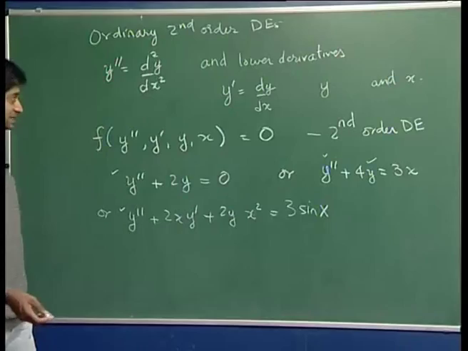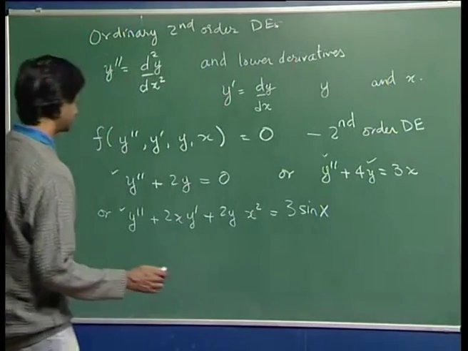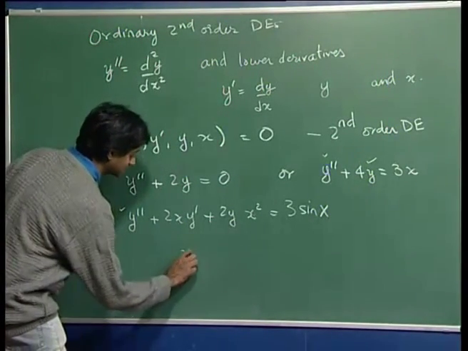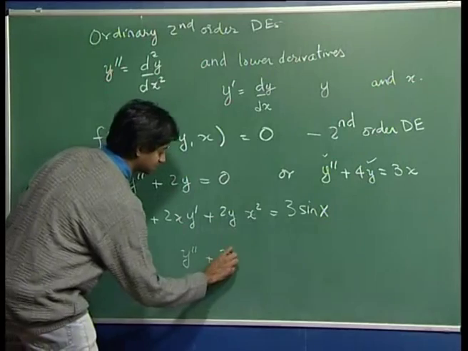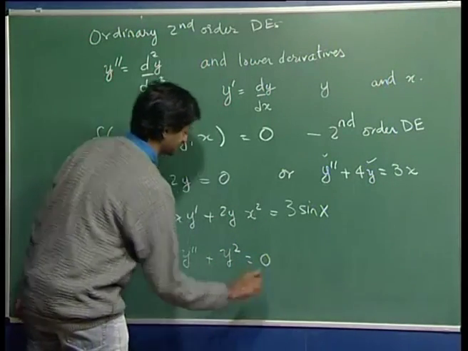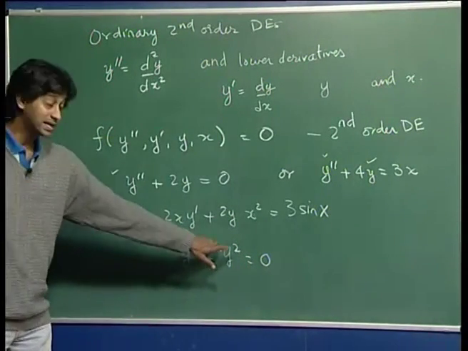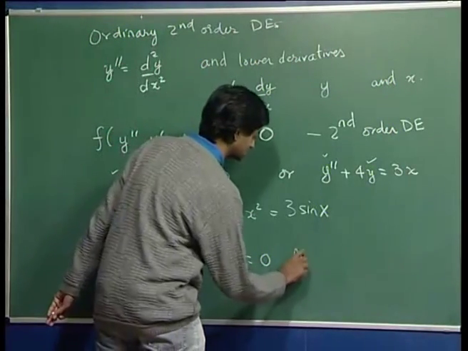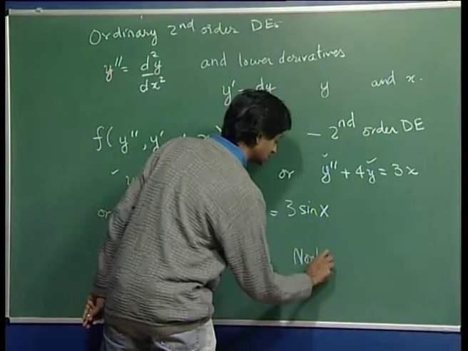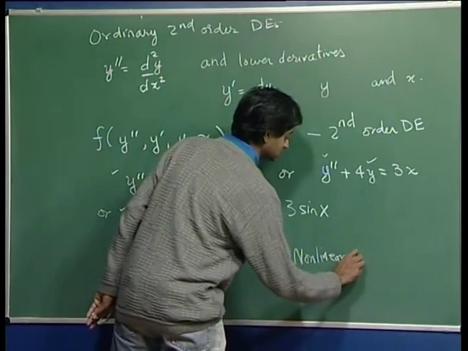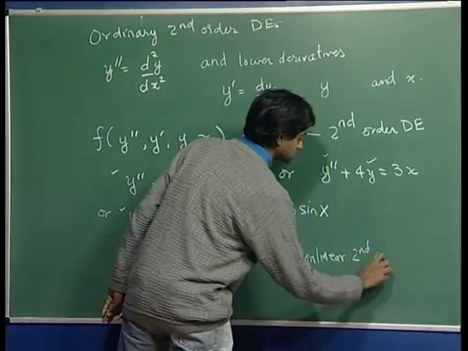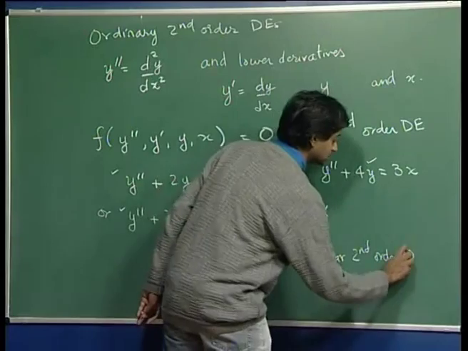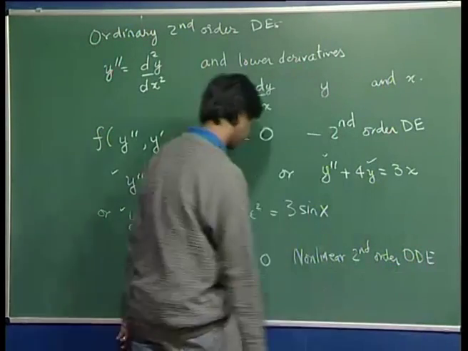On the other hand, if you had something like y double prime plus y square equal to 0, this contains y to the second power. So, this is not linear, this is a non-linear ODE.